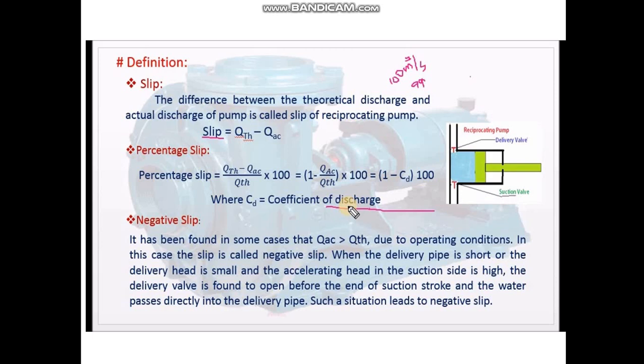So in that case, the discharge will be greater than the theoretical discharge. So that operation leads to negative slip. And this happens when the delivery pipe is short or delivery head is small. So the acceleration head in the suction pipe may open the delivery valve. It is called negative slip.